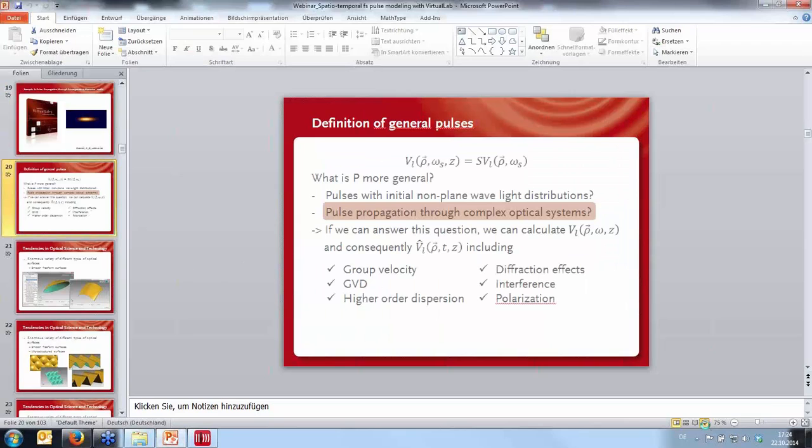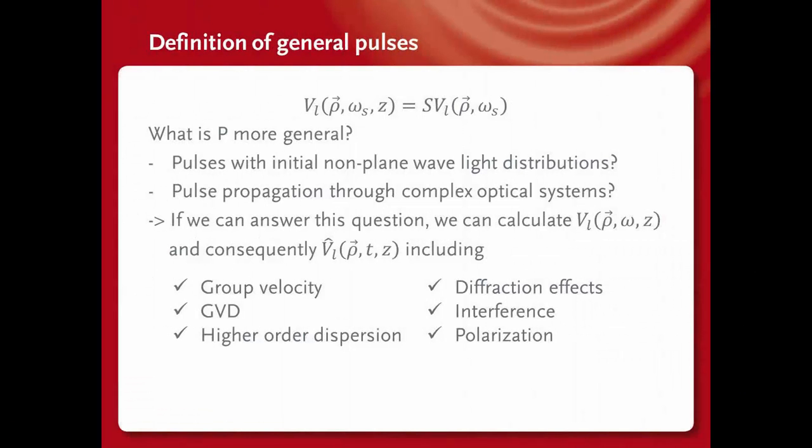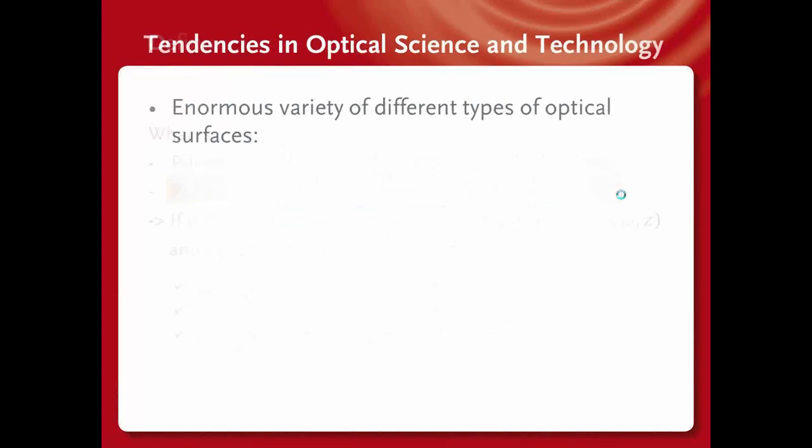So now we have seen how we can propagate non-plane wave light distributions in VirtualLab, and now there comes the question of how we can propagate ultrashort pulses through more complex optical systems. If we talk about more complex optical systems, first of all, we have to think about what kind of optical systems we are interested in.